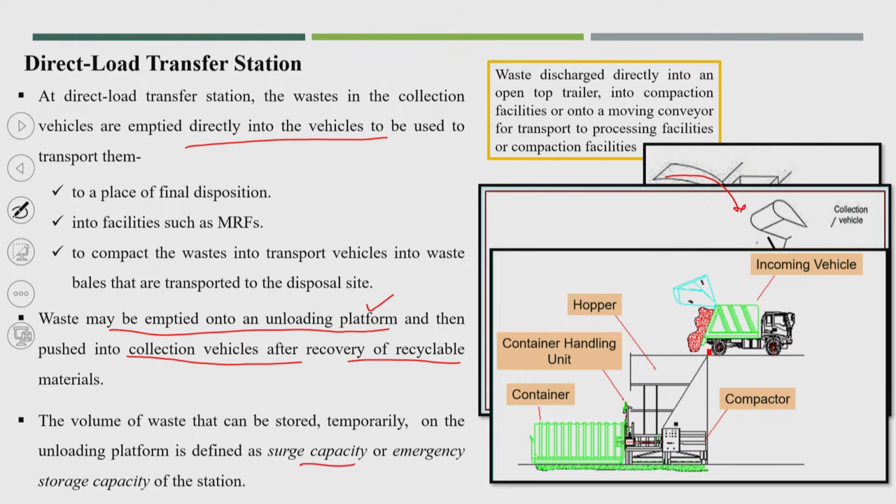Here you can see the incoming smaller vehicle getting unloaded into the larger container, and it has a compaction facility. The waste is unloaded, compacted, and this compacted waste goes into the larger container. So, this kind of facility is possible.